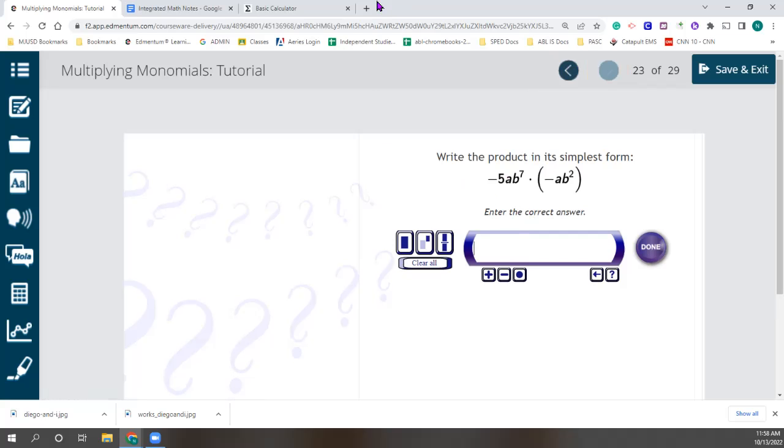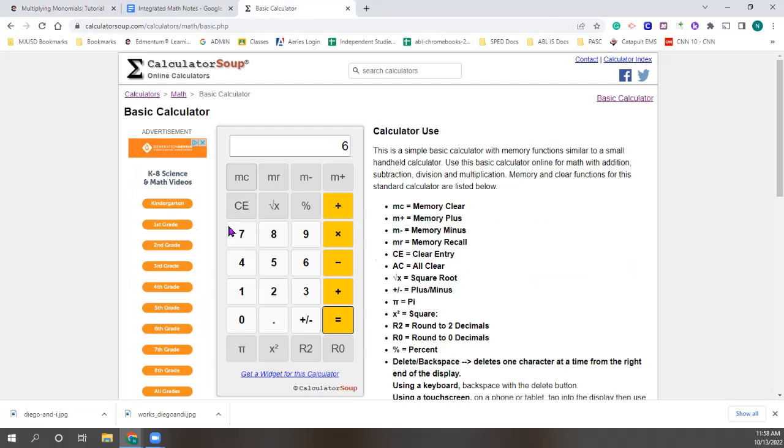What is negative 5 multiplied by negative 1? Okay, a negative 5 multiplied by a negative 1 should be 5. Negative 5 multiplied by negative 1 equals 5.